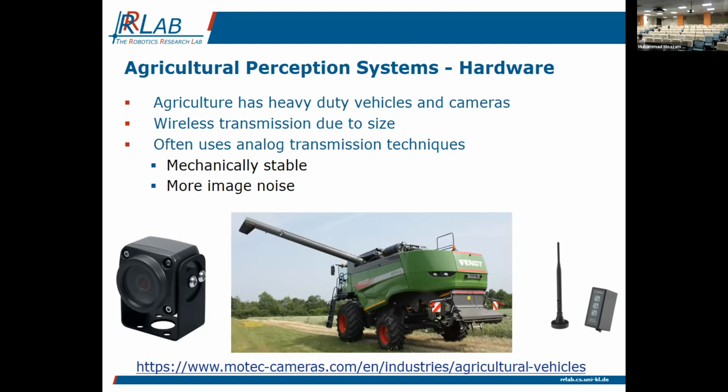But this transmission leads to a lot of noise that is introduced due to interference, due to whatever reasons. And of course, in this use case, we also have a lot of environmental noise factors that come with it. For example, think about the dust that is produced while such a machine is on the field.